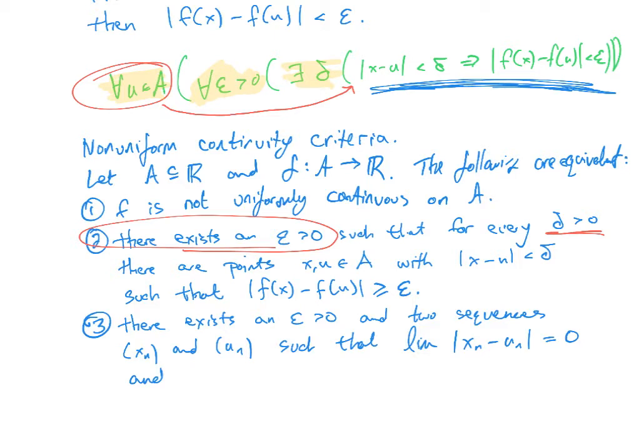But the function values don't get close. What does it say that the function values do not get close? Well, the distance between the two function values is always at least epsilon for every n. This is the first theorem in the book about uniform continuity, that these three things are equivalent.